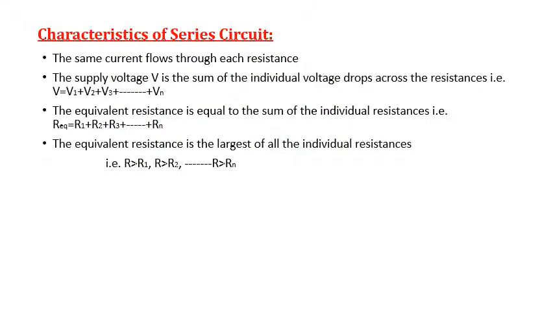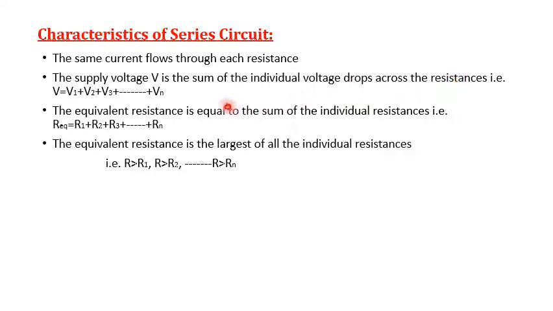Then what are the characteristics of a series circuit? The first characteristic we can consider here: the same current flows through each resistance. That means the current is the same for all the resistances. This is the first characteristic. The second characteristic is that the supply voltage V is the sum of the individual voltage drops across the resistances.